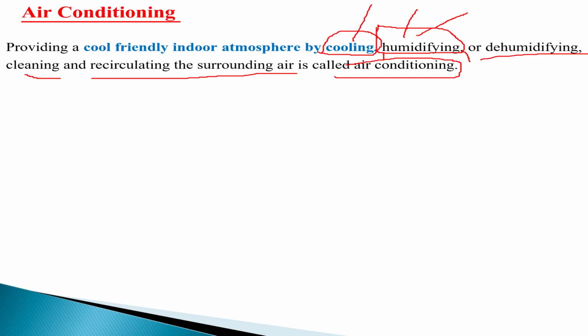That's how it is defined. Our comfort condition for living is, say, 70% humidity. Out of whatever moisture the air can absorb, only 70% is absorbed, and the remaining is space. Such a 70% humidity level is comfortable for our living.